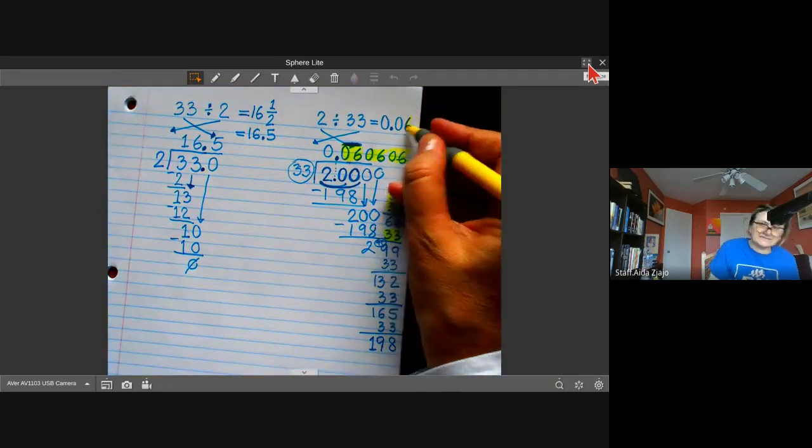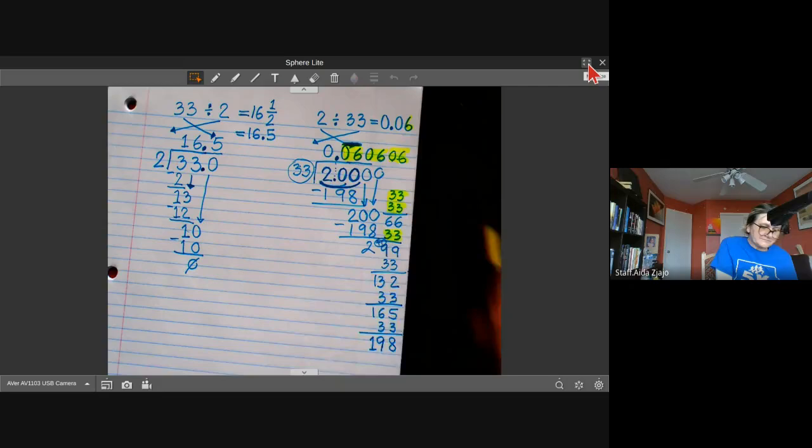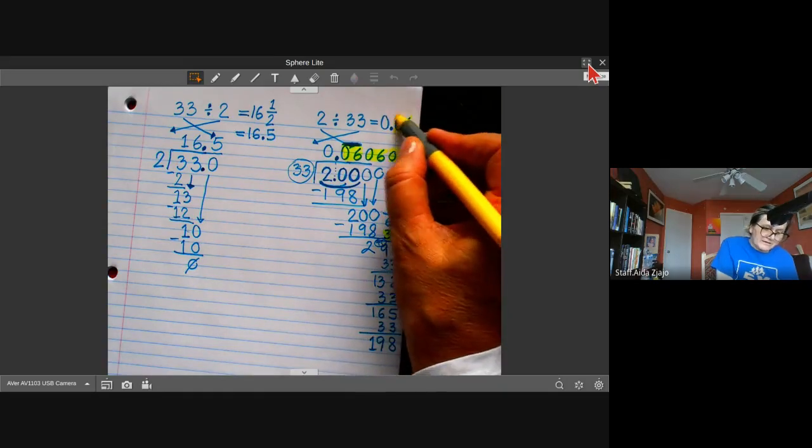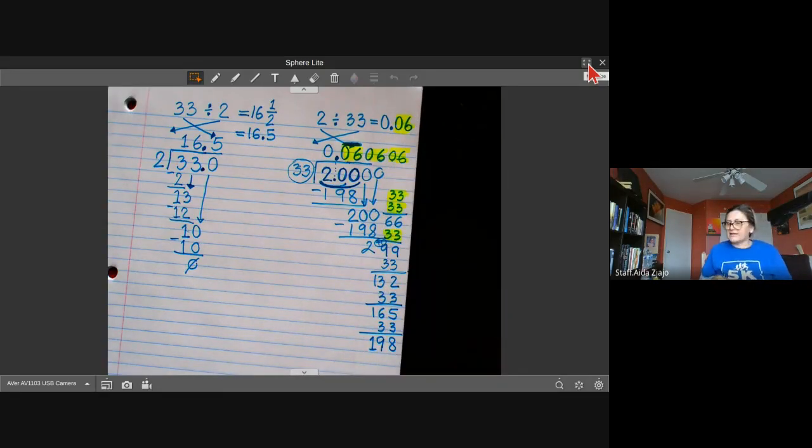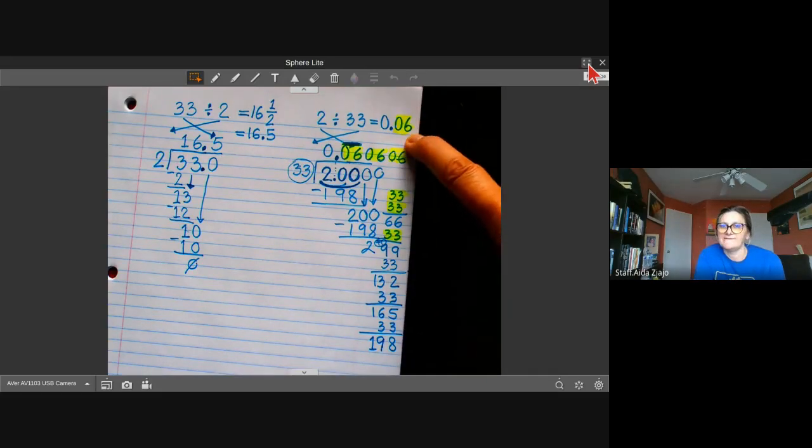What does this 6 stand for? How much will each person get? What is a hundredth if you think in terms of money? Come on, somebody. Alexandra, yes? Pennies? Yes, pennies. So how many pennies will each person get? 6. 6 pennies, that's right.